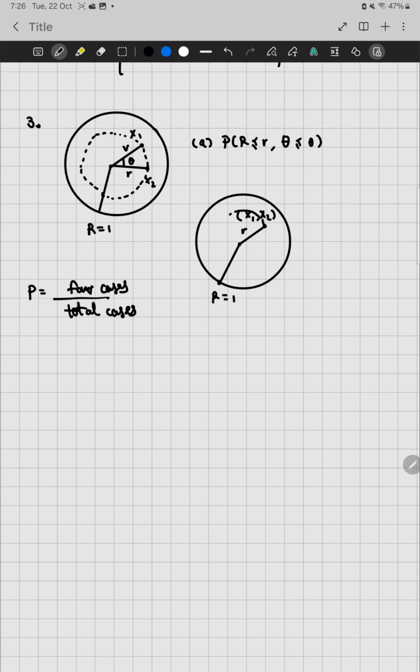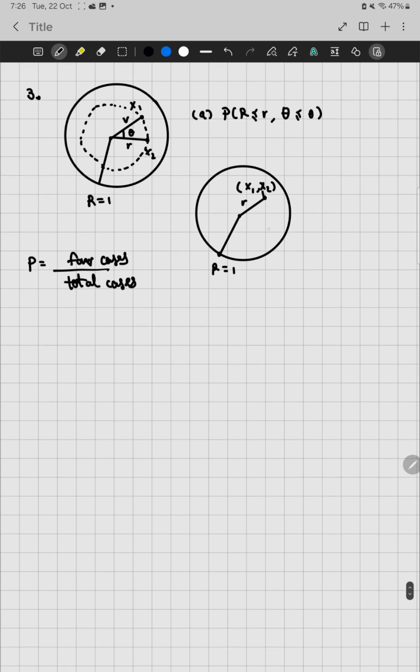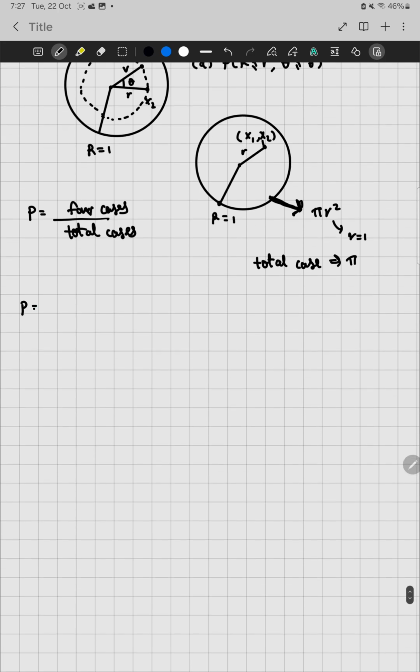For it to land on (x1, x2), the total cases: it can land anywhere in the dartboard, which means anywhere in the area pi r square. Here r is 1, so in total cases our value will come as pi. So P is equal to favorable cases by pi.